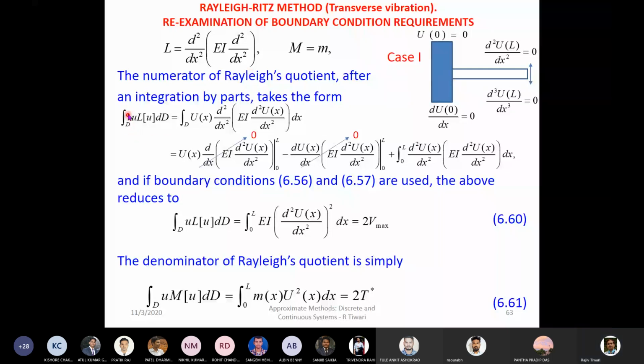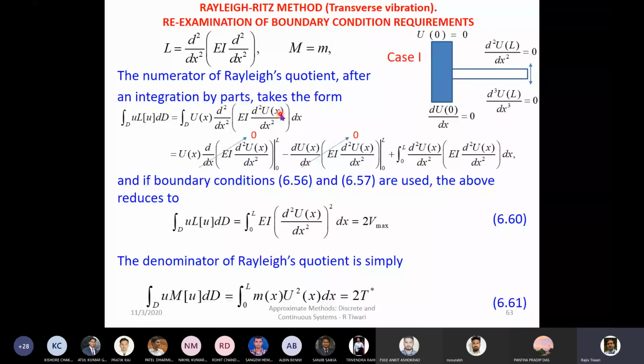Now if we substitute the L operator in the numerator part of the Rayleigh's quotient, I have substituted it here. Now, as we did for the axial rod case, we'll do integration by parts to reduce the order of differentiation of u within the integral.